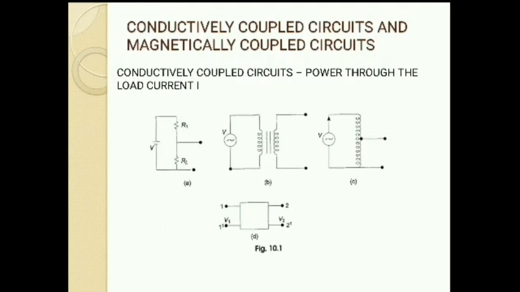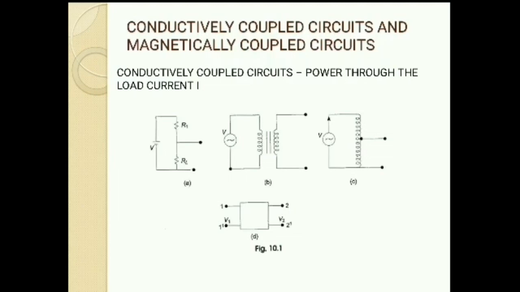Then there is another kind of circuit called magnetically coupled circuits. The power is transferred to the load by means of flux, not by means of current. Like in a transformer, the current in coil 1 produces the flux. So this flux will couple with coil 2, because of which a voltage is induced in coil 2.